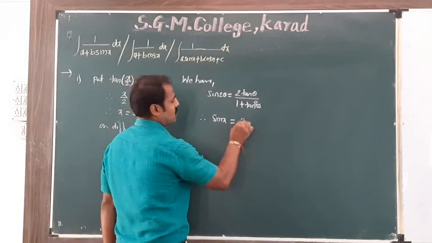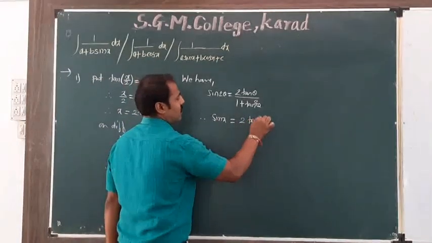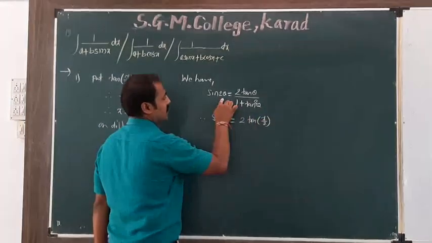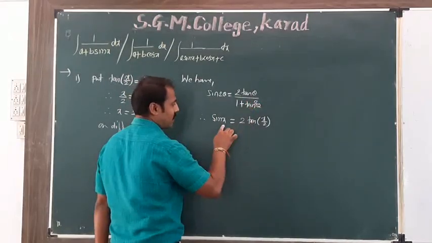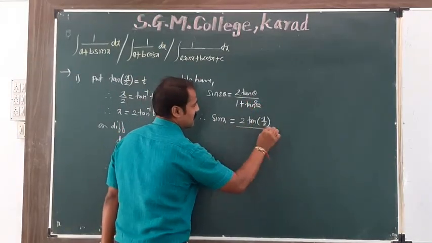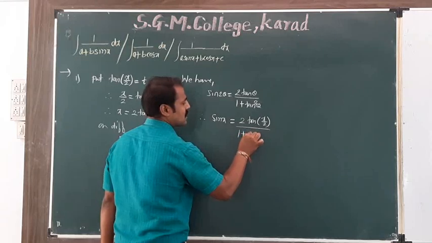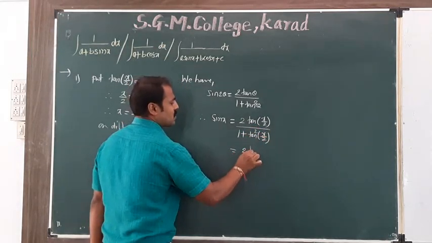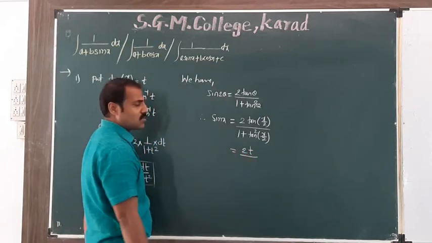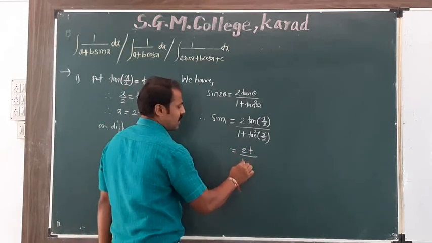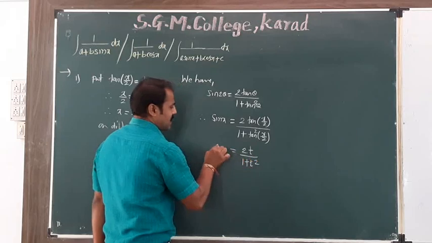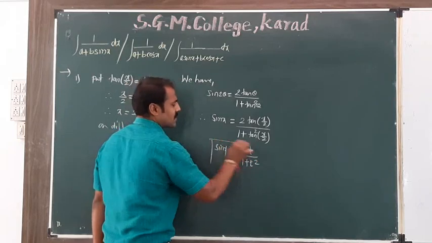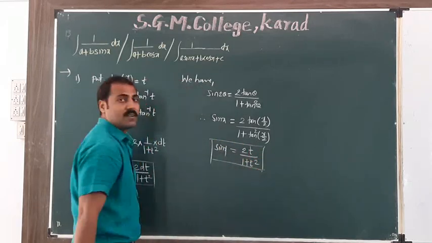Sin x is equal to 2 into tan of x by 2 divided by 1 plus tan square of x by 2. But we have substituted t for tan x by 2, which is equal to 2t divided by 1 plus t square. It's the value of sin x in terms of t.